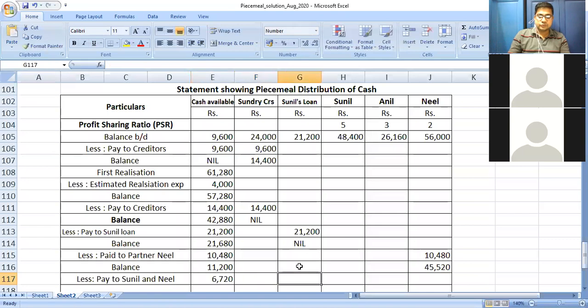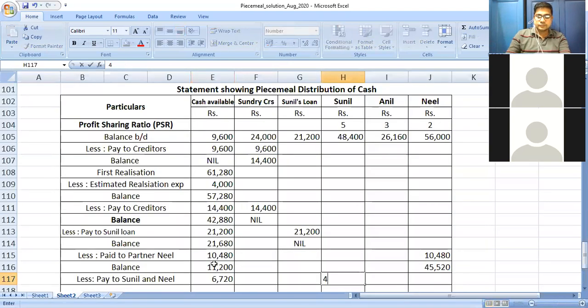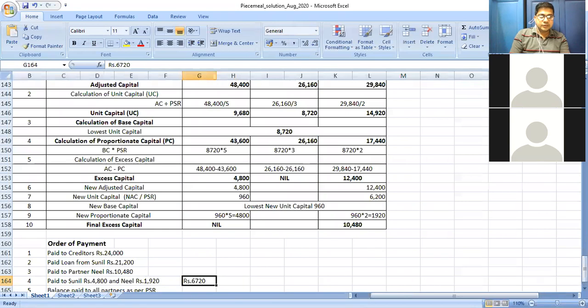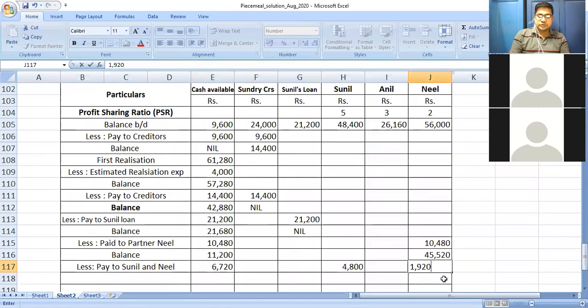How much do we pay to Sunil? That is 4,800. And how much to Nil? That is 1,920. I hope you understood this.